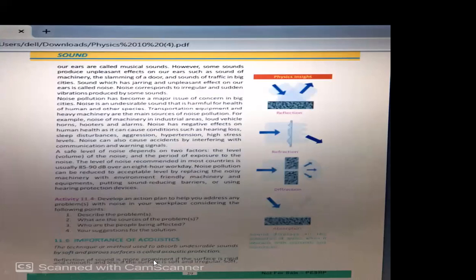Reflection of sound is more prominent if the surface is rigid and smooth, less if the surface is soft and irregular. Reflection means that when sound passes from one medium to another, it comes this way and it will reflect.